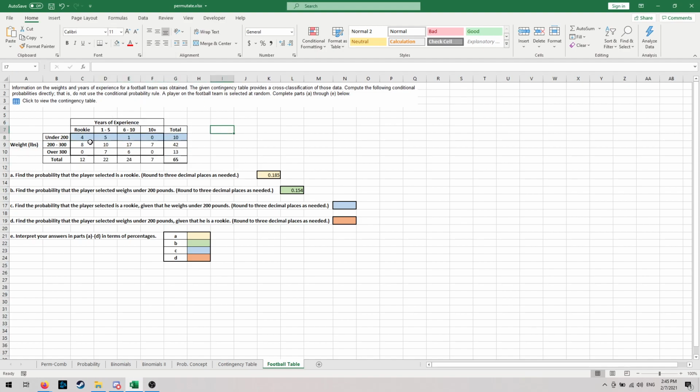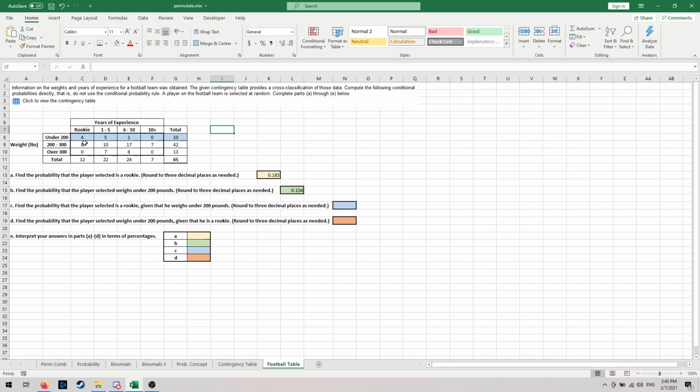This row here is all the players that weigh under 200 pounds. So we've sent the other 55 guys away, sort of in this scenario, and now I'm picking randomly from a total of 10 people. The only 10 people in my group are the players who weigh under 200 pounds. And of those guys, how likely is it when I pick at random, I pick a rookie?